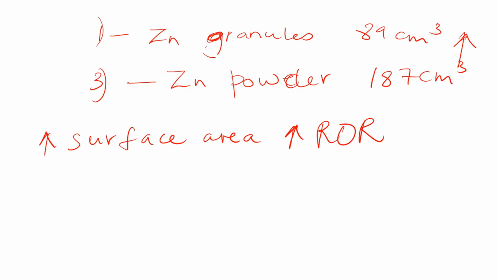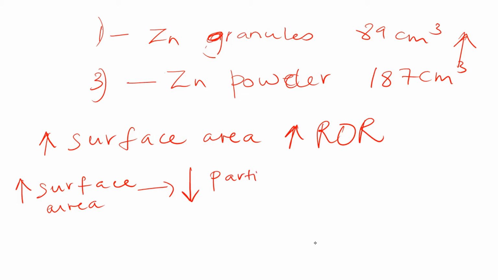So when you decrease the particle size, so we're going from granules to powder, we're decreasing the particle size, increasing surface area. So when you decrease the particle size, there's more surface area for collision to take place. Hence, the rate of reaction will increase.